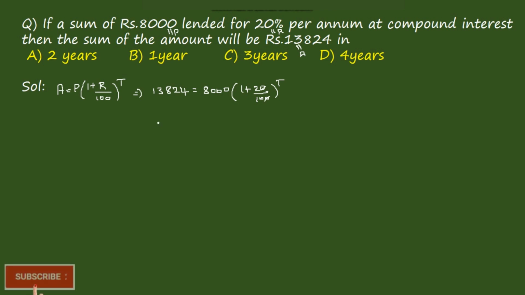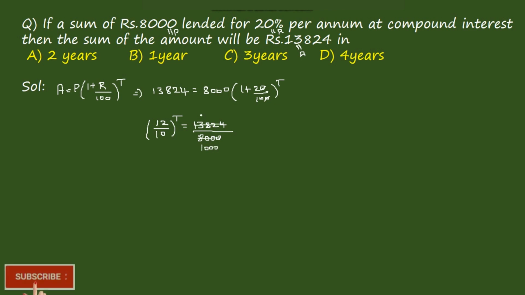So it becomes 12 by 10 whole power T is equal to 13824 by 8,000, right?